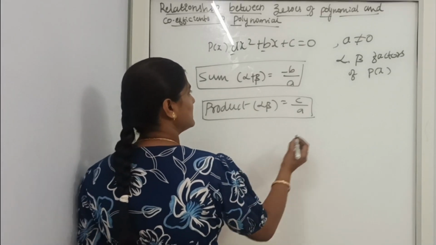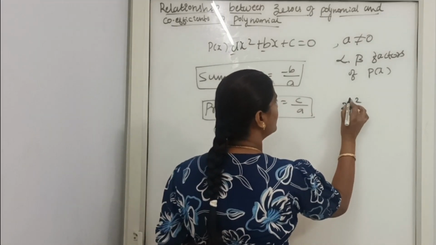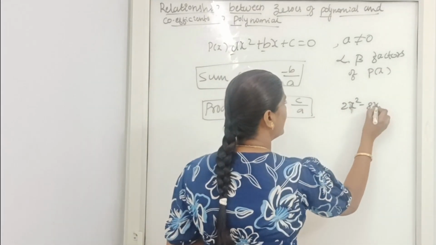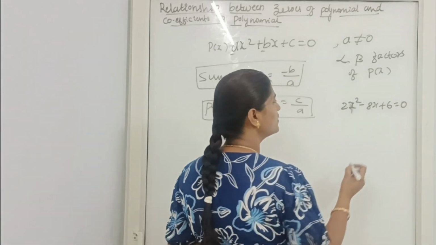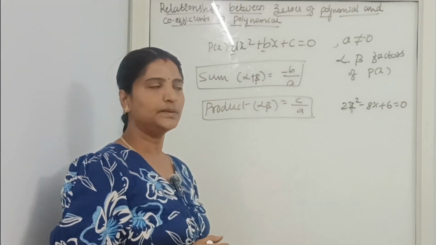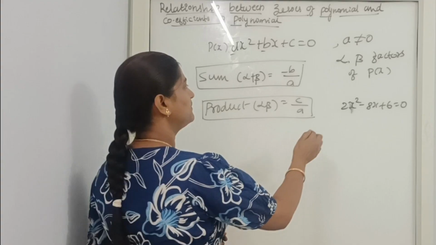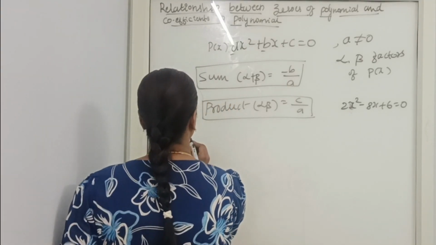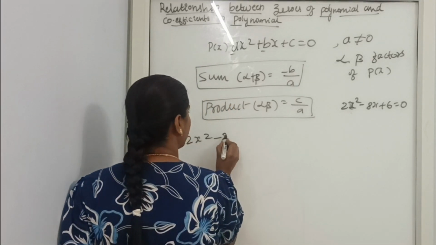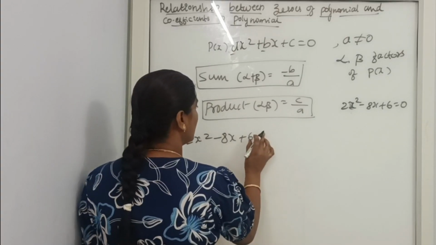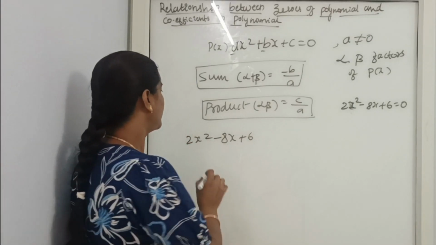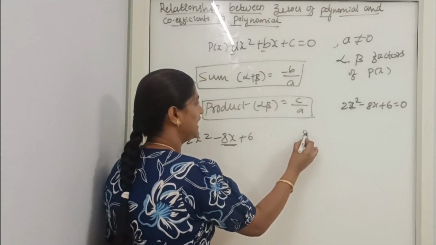Okay, let us take an example: 2x square minus 8x plus 6 is equal to 0. Clear? How to go for it? Middle term is 8.